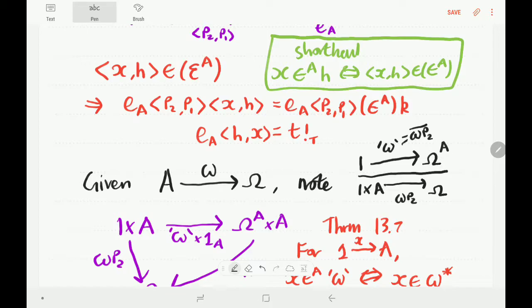Now, what is omega to the power of A? Well, think about in Set, it would be the set of functions from A to omega, where omega would just be the set {true, false}. So basically points of omega to the A can be thought of as names of functions, if we like, and then such functions basically correspond to subobjects.